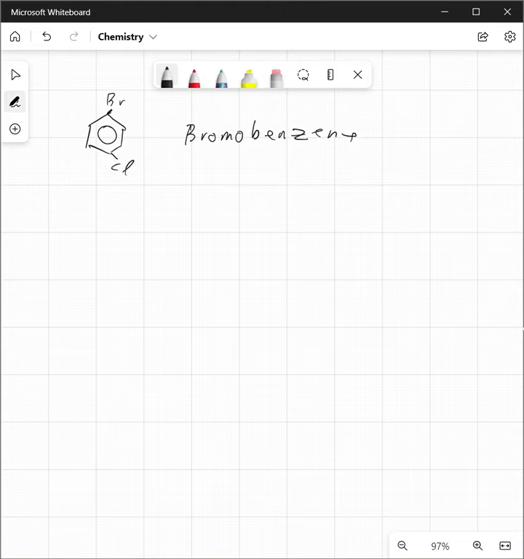So I will say, no, we'll start with bromo 1, 2, 3. Okay. So let's go ahead and name that compound.